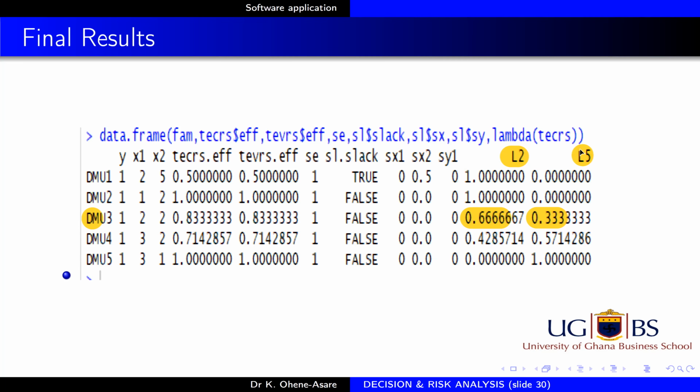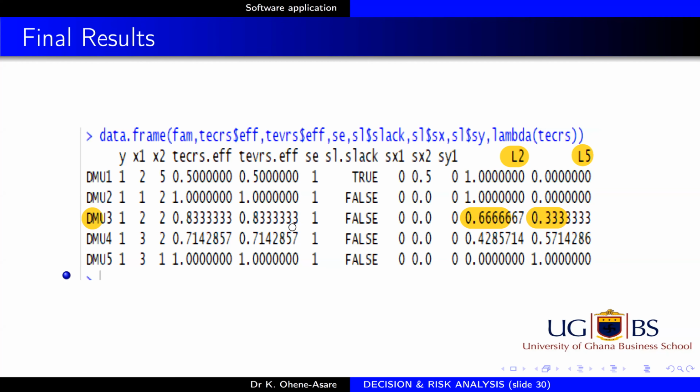That's what it means. It's putting more weight. As far as DME3 is concerned, DMU2 will help it to be efficient more than DMU5, but it doesn't rule out that DMU5 will also help it. But DMU2 will help it by more, so there's more weight attached.